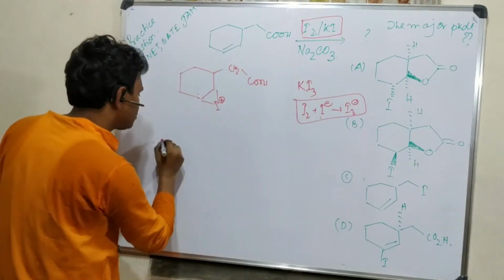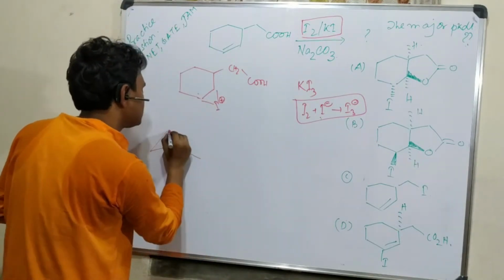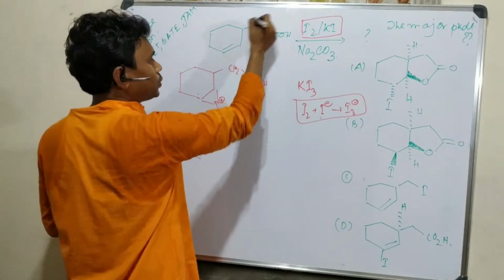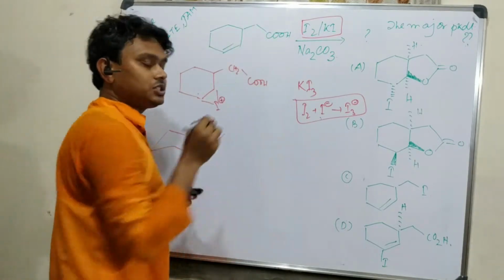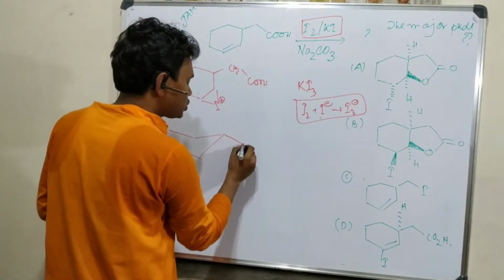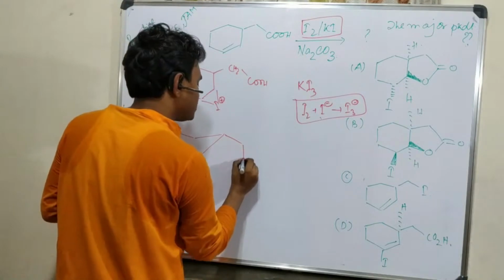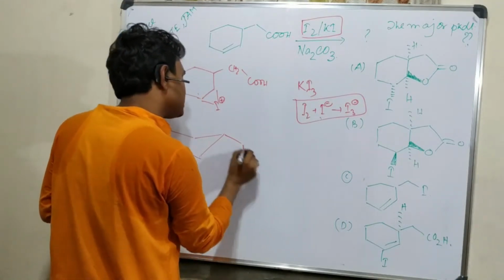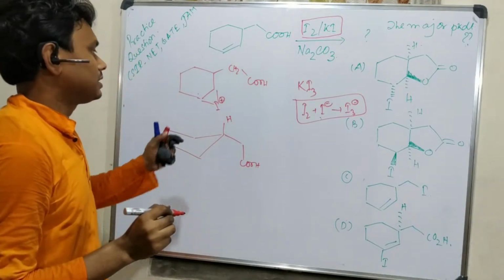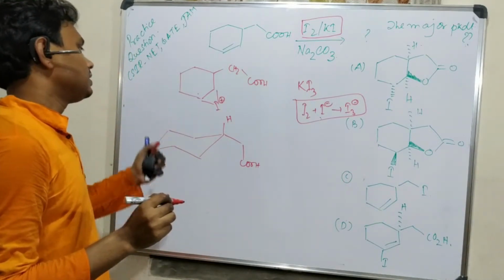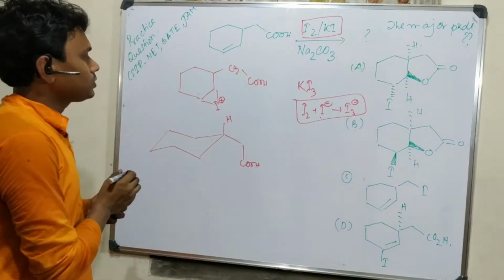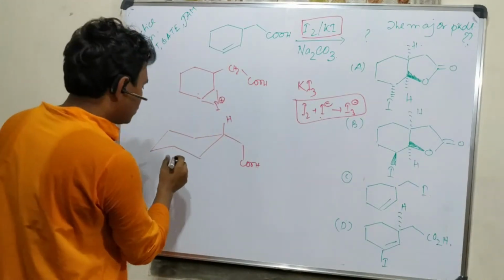So let's first draw this in chair conformation. Generally, such big groups are preferred, when no geometry is mentioned, you should consider that this big group remains in the equatorial position, because in this way it avoids steric repulsion to the minimum. So now what is this?